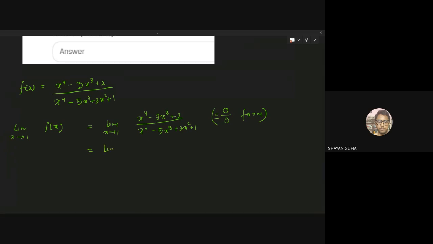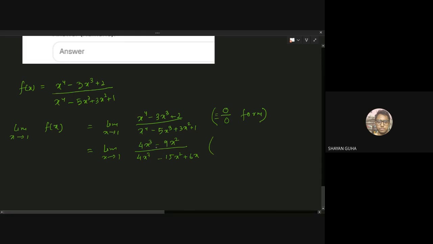So doing the first differentiation, this will give me 4x cube minus 9x square, sorry, not plus 2, divided by 4x cube minus 15x square plus 6x. Now, with the same logic, just put x equals 1 in your head. You will get 4 minus 9, which is minus 5. And if we put the value in the denominator, we will get minus 5.